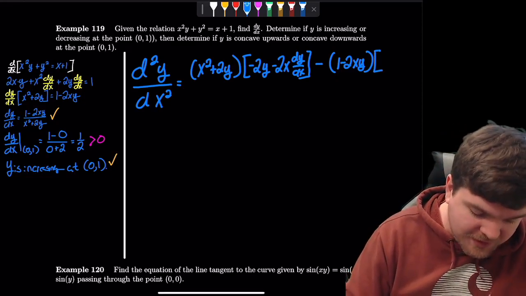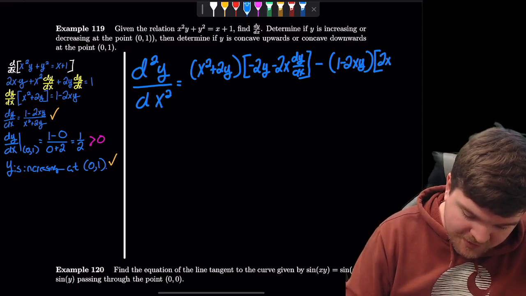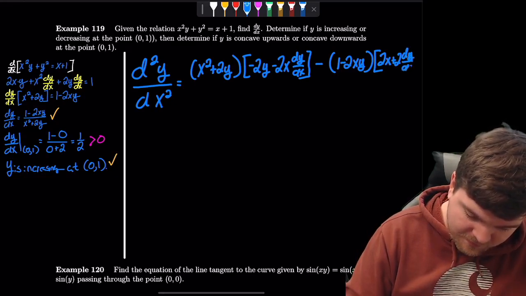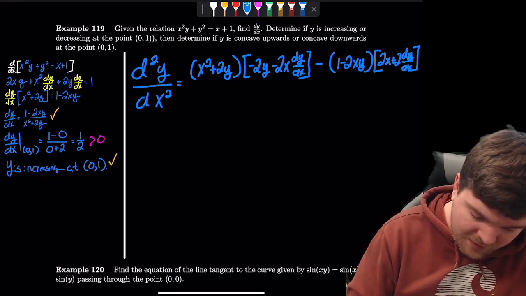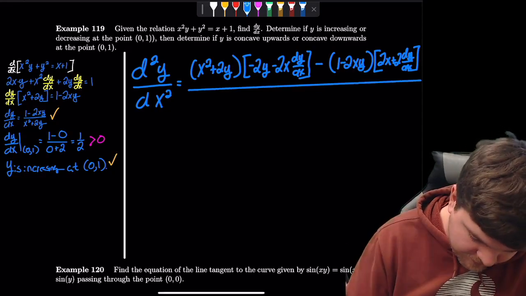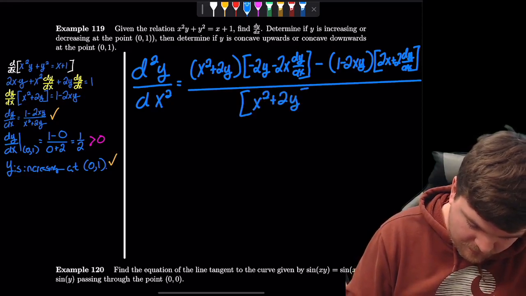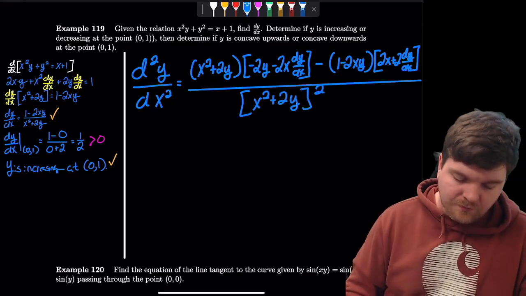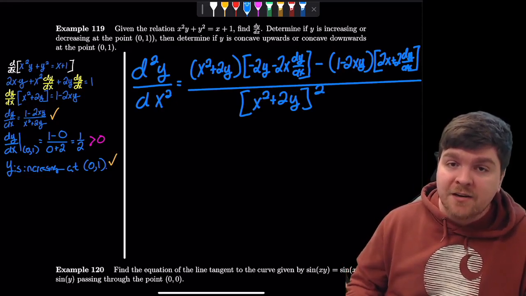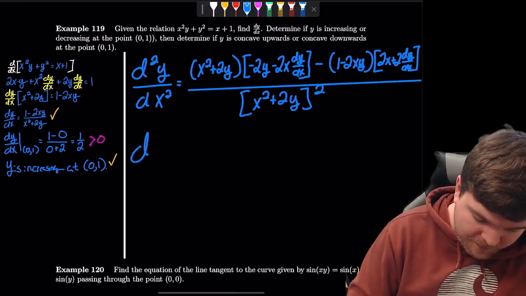Well, the denominator was this x squared plus 2y, so its derivative with respect to x will be 2x plus 2 dy/dx. And that's all going to be over the original denominator squared. Now, last but not least, we just need to evaluate our second derivative at the point (0, 1).